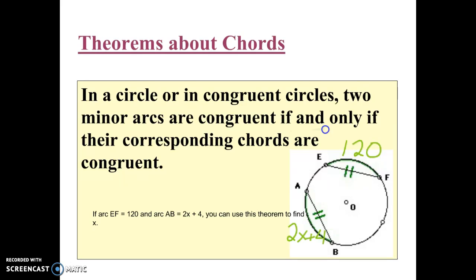Remember, we've got that if and only if, meaning biconditional, goes either way. So since those chords are congruent, that means the arcs are congruent. You can create that equation, 2x plus 4 equals 120, and continue on solving that using our awesome algebra skills.